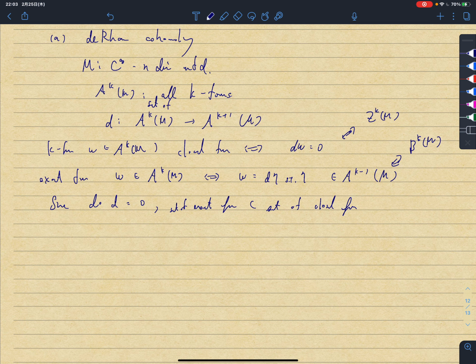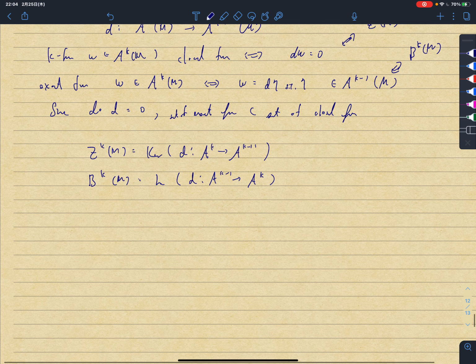There is Z^k(M) equals the kernel of d on A^k, and B^k(M) equals the image of d on A^(k minus 1), both inside A^k. Here kernel and image stand for the kernel and image of a linear map.